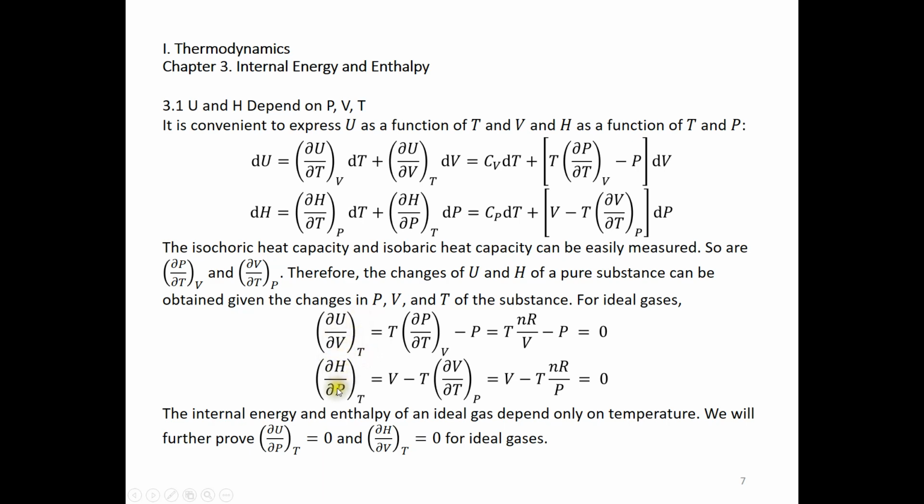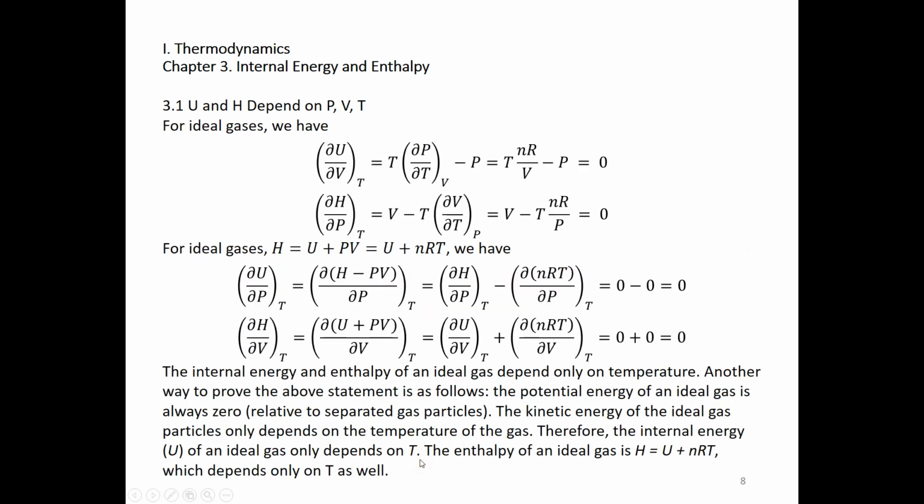Delta H over delta P under constant volume condition is also non-zero. So it's awfully important for us to keep track of the subscripts. Again, the internal energy and the enthalpy of an ideal gas depend only on temperature. We will just further prove this for ideal gases. Delta U over delta P is also 0. Delta H over delta V is also 0 if the temperature is held constant.